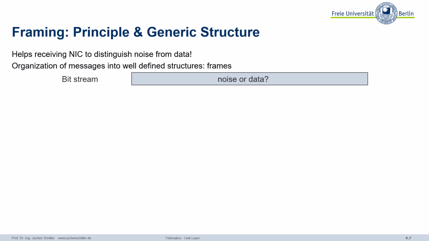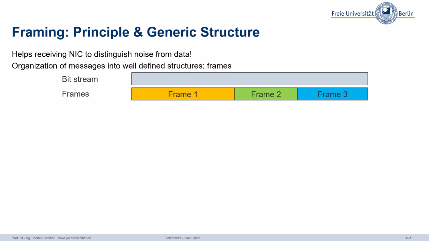So you receive something from the physical layers. This is just ones and zeros. There's nothing in between. And we have to say, okay, here frame 1 starts. So somehow we have to notice that this is the start of a frame. And this could be, for example, a special pattern, 10101101, whatever. So a special pattern of bits indicating this is the start of a frame. I will come back to the problems with having such a pattern.